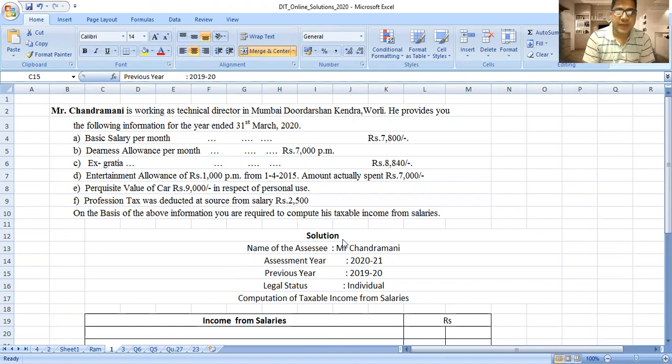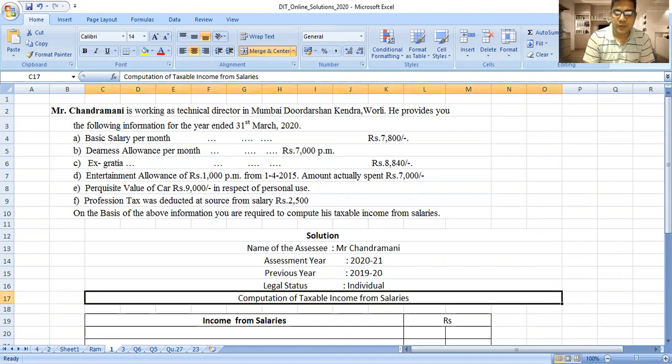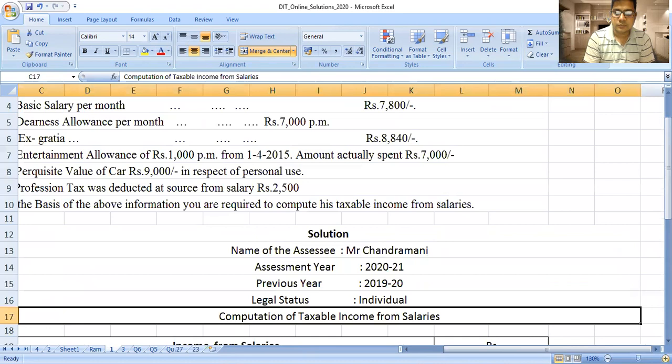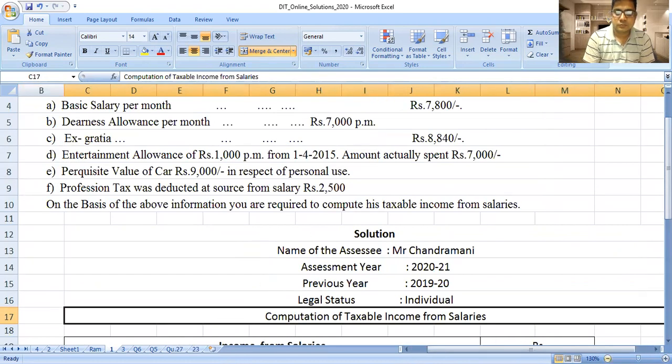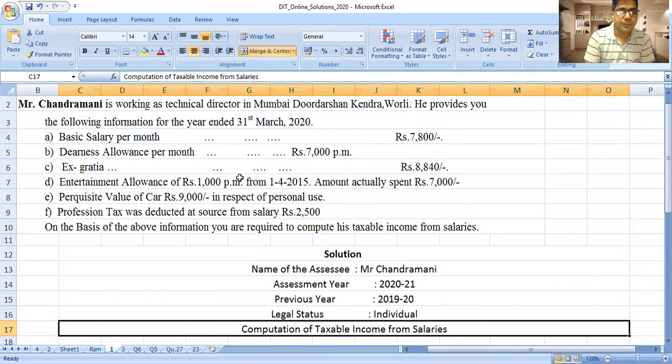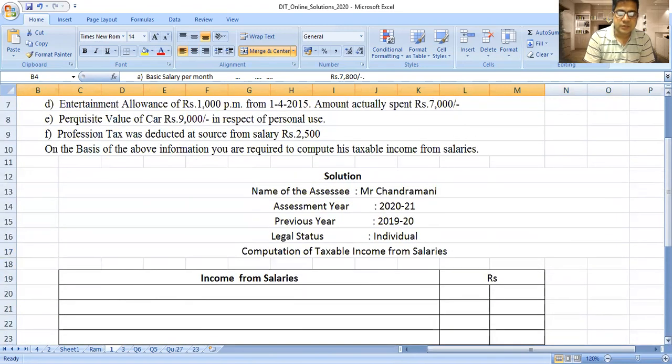Now, compute the taxable income from salaries. Now, how we will compute that, we are going to learn. Now friends, basic salary per month 7,800 is provided. This basic salary we have to put as taxable.